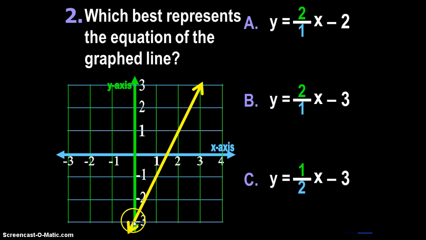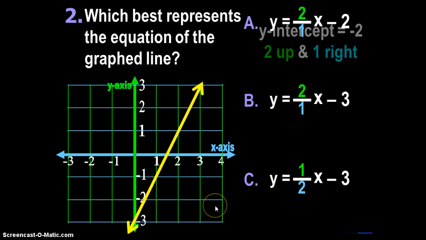It touches right here. This is the only point where our graphed line touches the y-axis. So this is -1 as our y-intercept. So this equation is already excluded because this is a negative y-intercept and here it is -2. So we don't need to keep this one. So our answer will be either this one or this one.